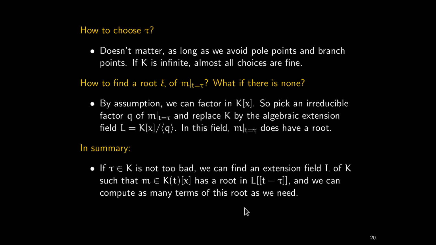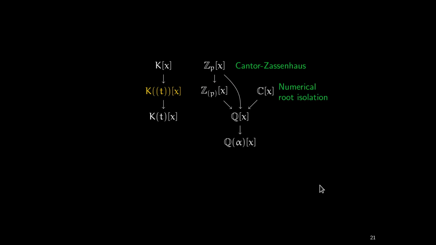And using the idea in the proof of the implicit function theorem, we can get as many terms as we like of this power series. And this settles this part here. So the summary is that this is done by the implicit function theorem. It's really a matter of root finding, and root finding is very closely related to factorization.